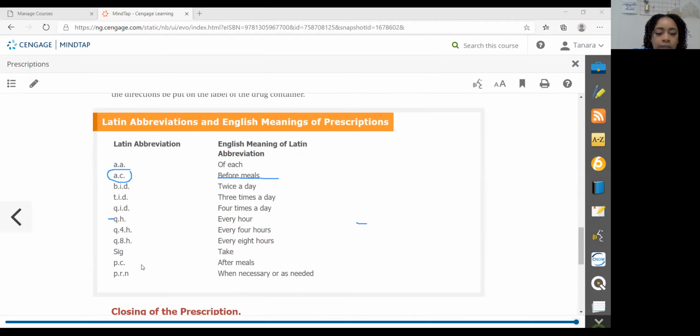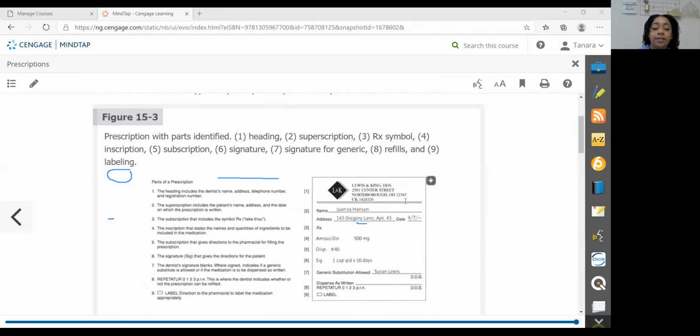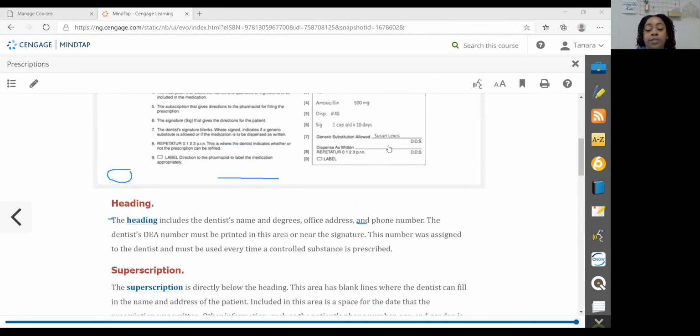And here we are, it gives you the actual meaning of PRN, and it says when necessary or as needed. So that indicates they can take this medicine as needed. The doctor didn't circle a number, but let's say they wanted to give the patient a refill. They can give the patient a refill in a timely manner as needed.